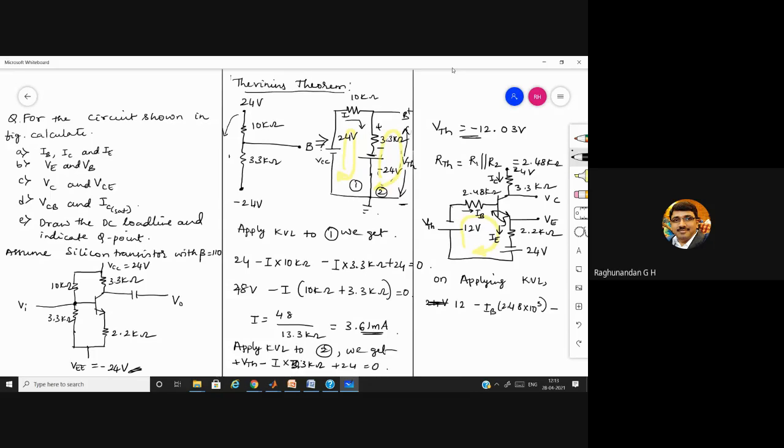It is our VBE minus IE RE, coming here IE RE plus 24 is equal to 0.